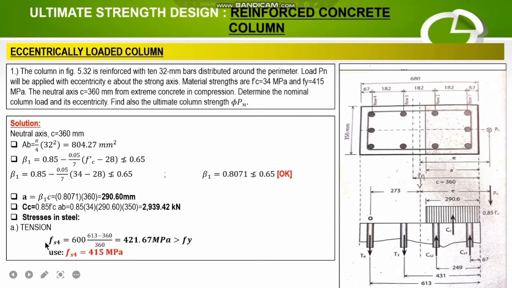Therefore, our Fs4 is equal to 421.67 MPa, or megapascals, and it is greater than Fy. So therefore, our Fs4 has yielded. So use Fs4 equals 415 megapascals.